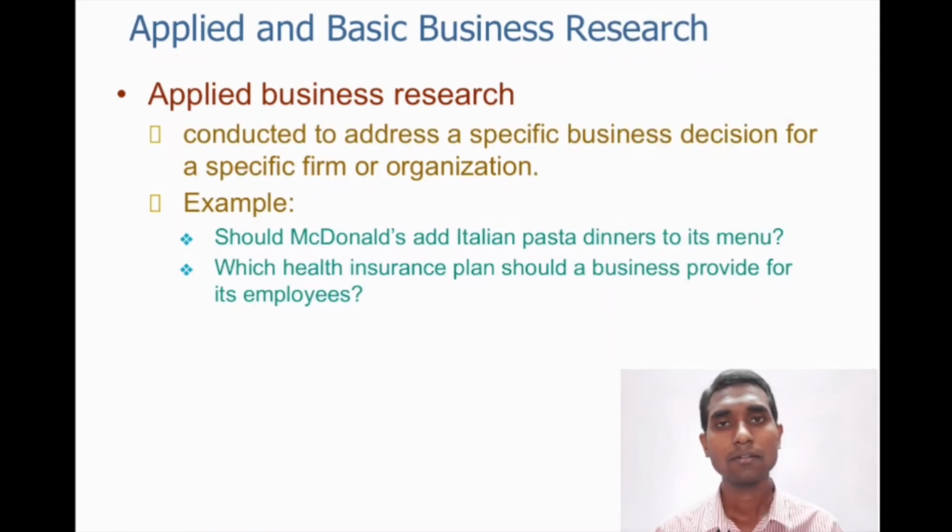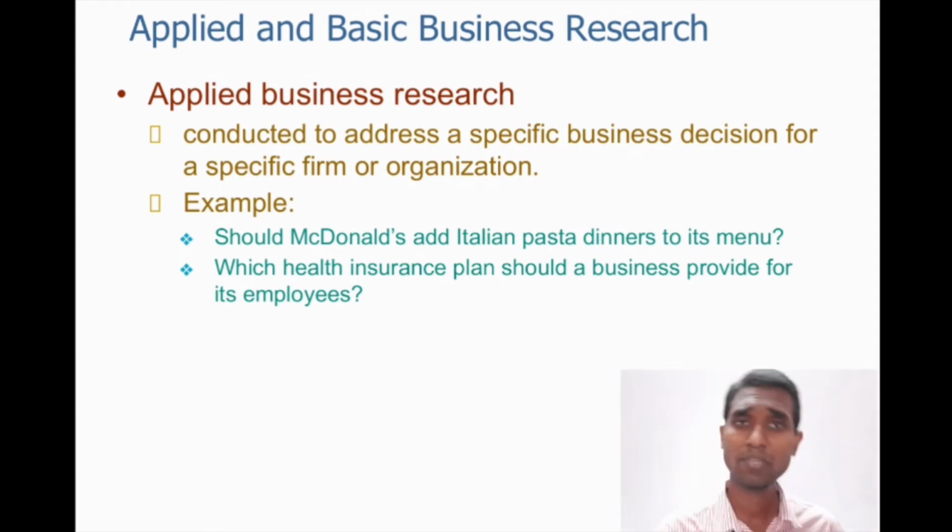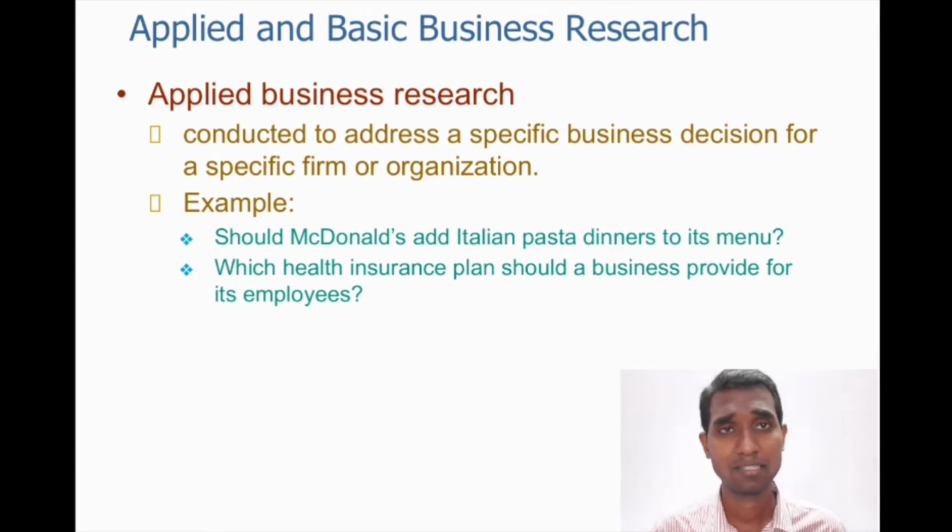In the general research scenario, we have two types of research: applied and basic research. Basic research is also called pure research, where we develop theories, and applied research is research which applies the developed theories.